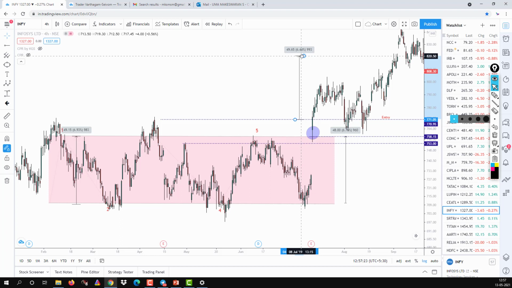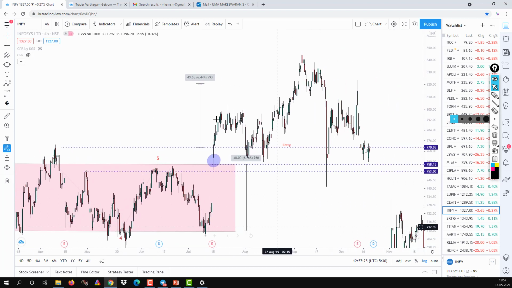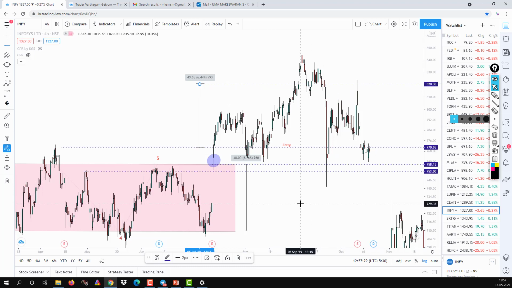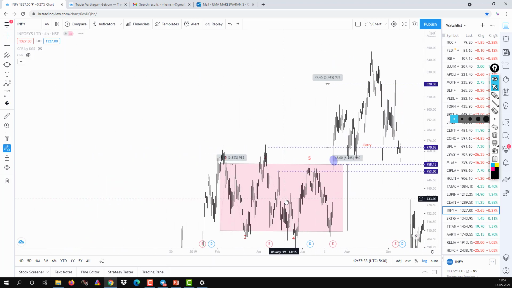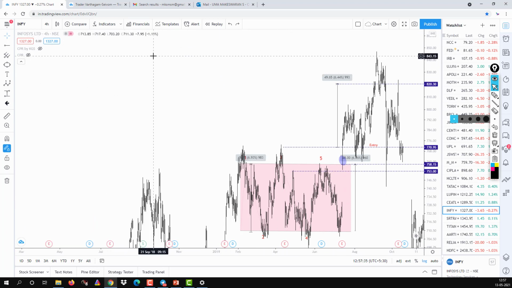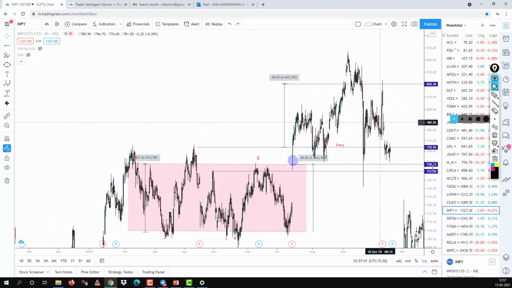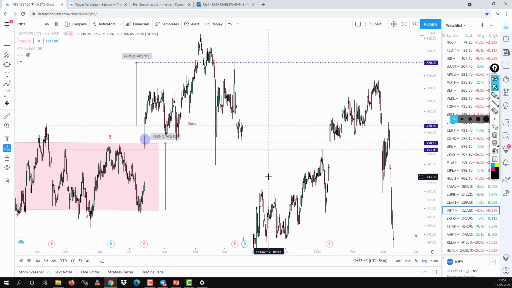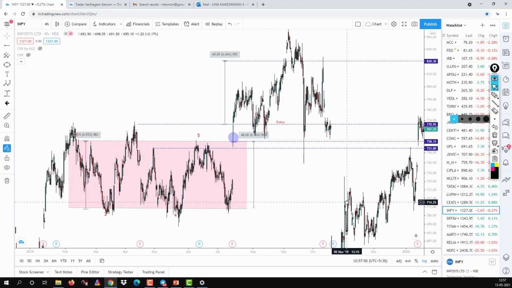So the target should be the length of this channel pattern. There are no previous swings, so it is more than enough to fix the target here. This is the method to trade in horizontal channel pattern.